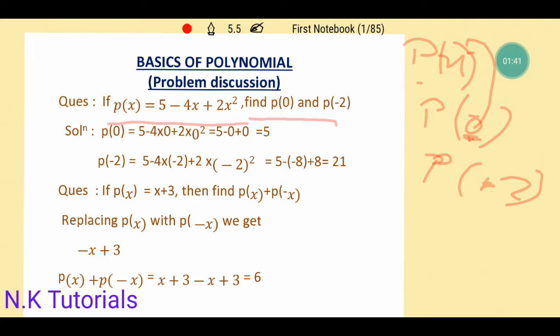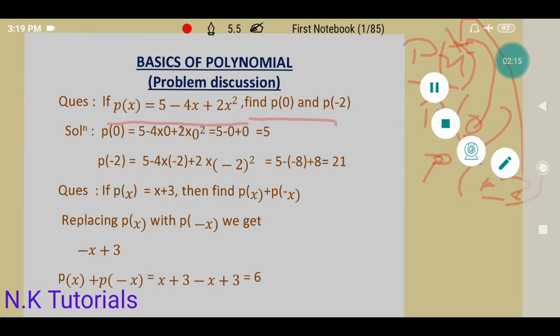Here p is a function of x, so we have to find the value by putting 0 in place of x. Similarly, here also we have to put minus 2 in place of x. These are the two values we have to find.